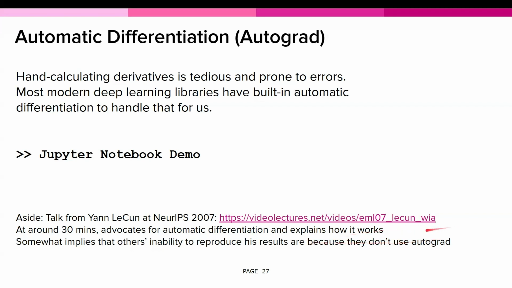At around the 30-minute mark in this video, he starts to talk about how, within the field of AI or machine learning, people were having issues reproducing his results. He talks about how there is one individual down in California who can reproduce his results, so it's not his fault, something's wrong with the field.